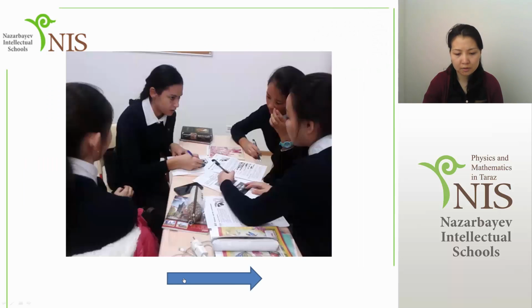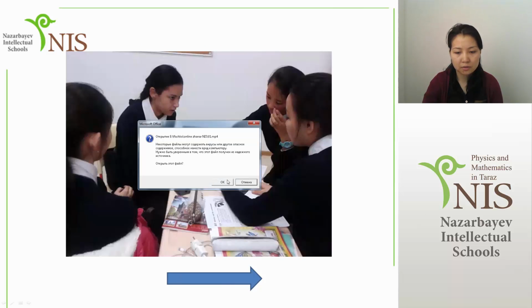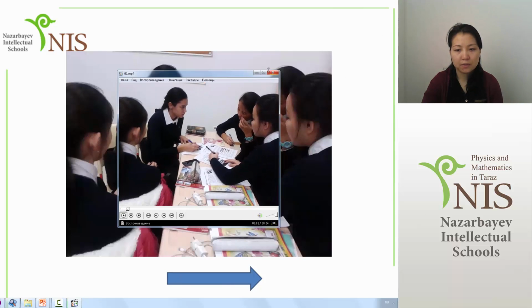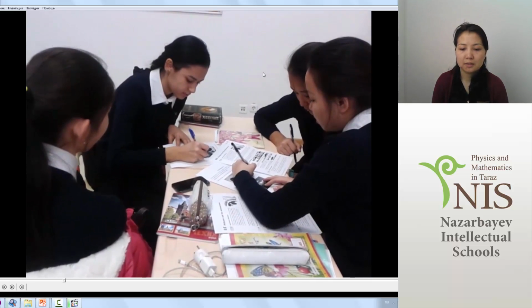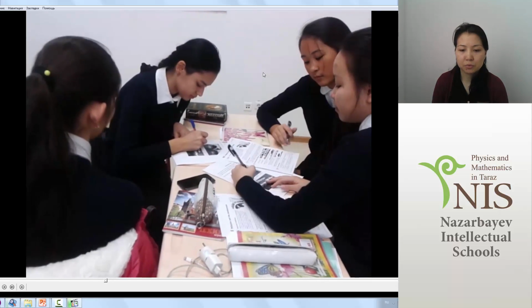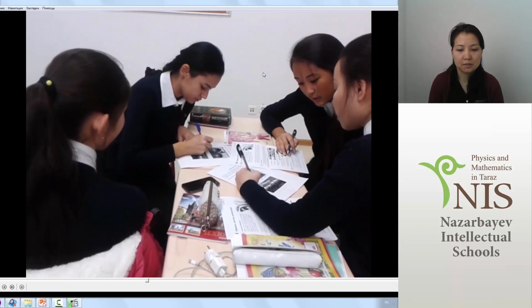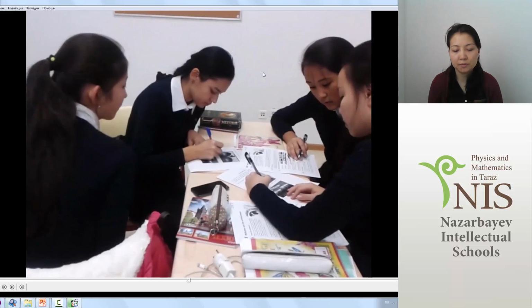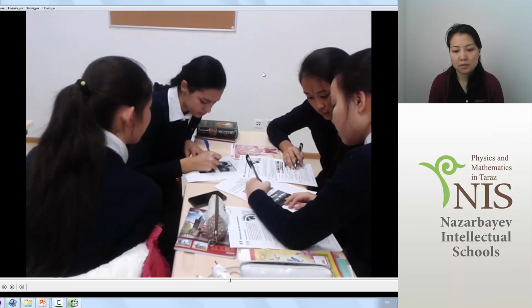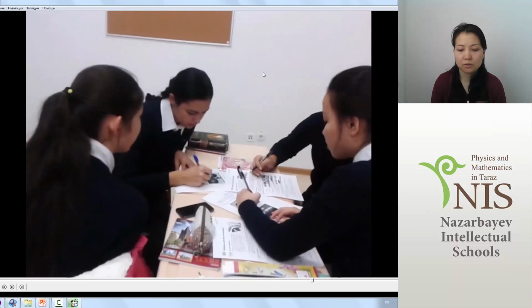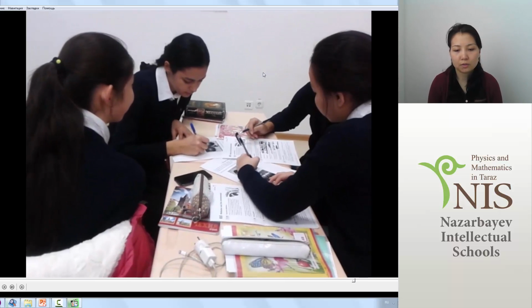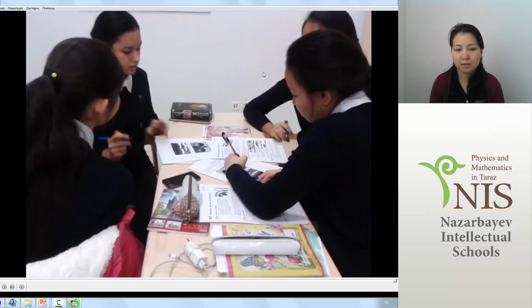You can see from this video students in groups discussing the environmental problems and giving a name for each picture. You can project the pictures on a whiteboard or give each student a handout.